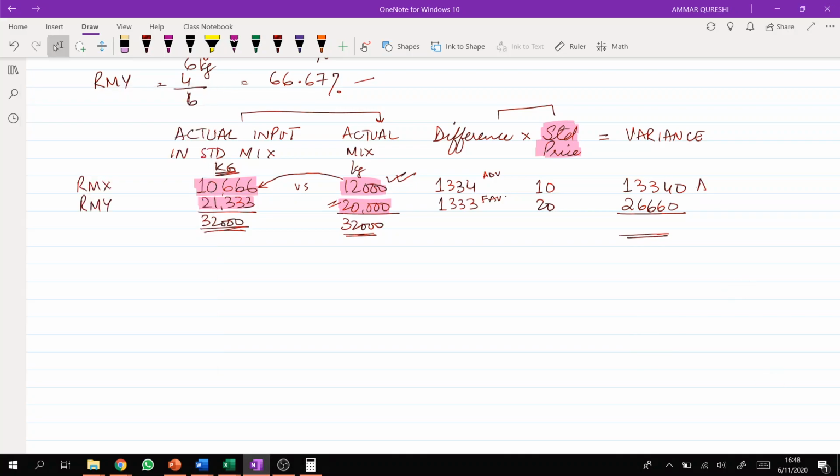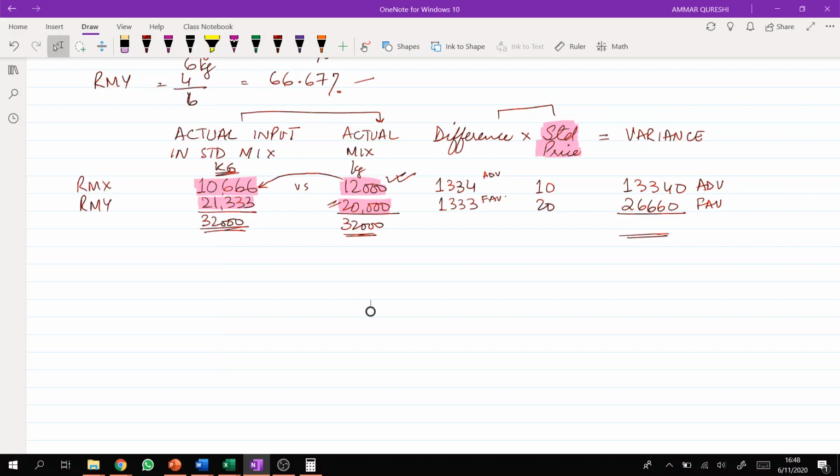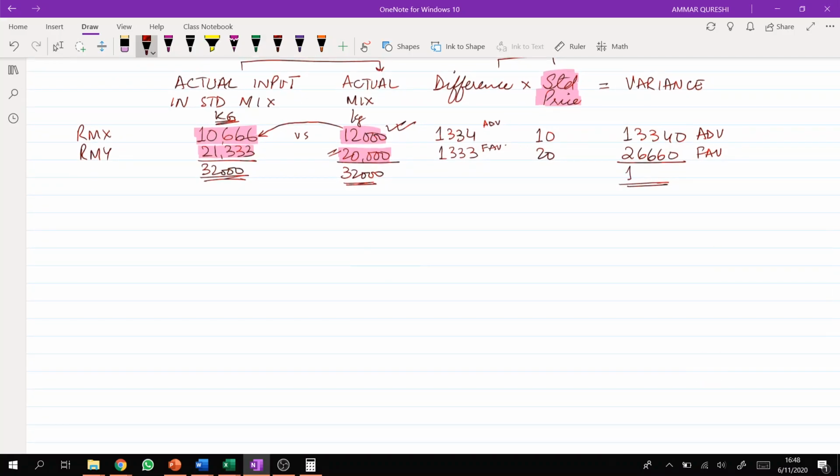This is adverse and this is favorable. So favorable is more: 13,320. This is favorable. Why? Because favorable is higher.